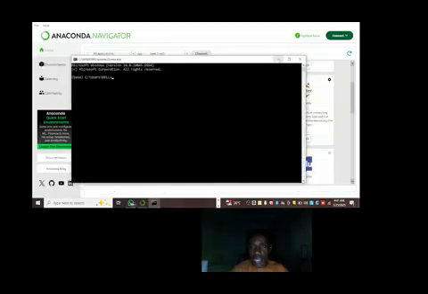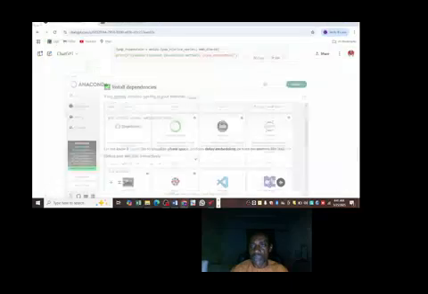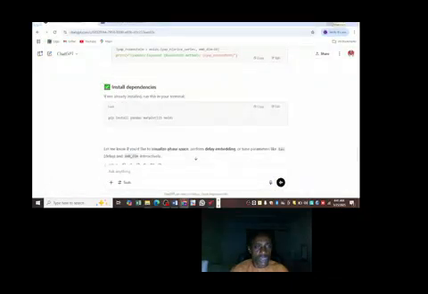Then you can minimize. Open Jupyter Notebook also, launch it. There you can minimize the navigator.